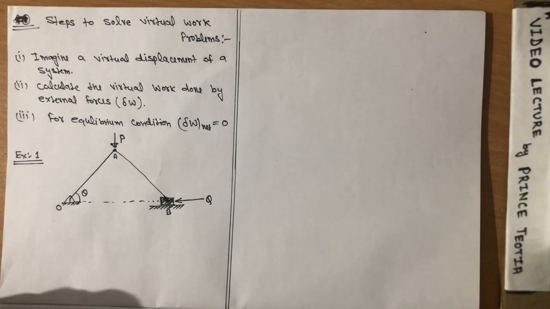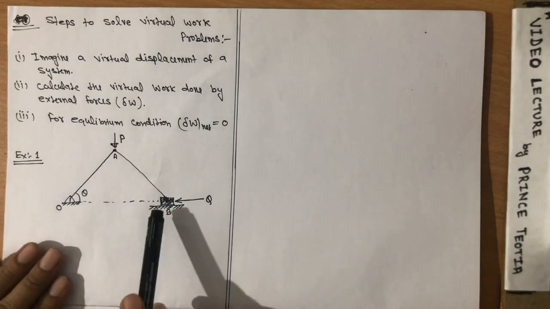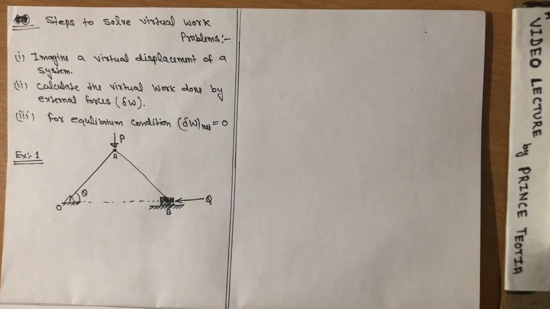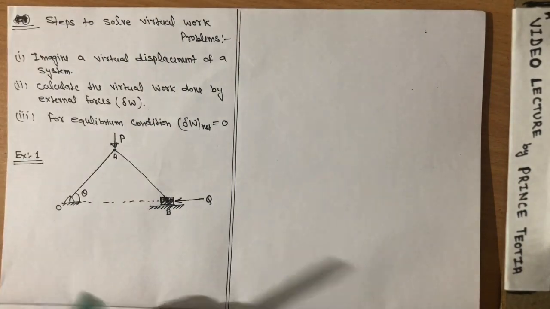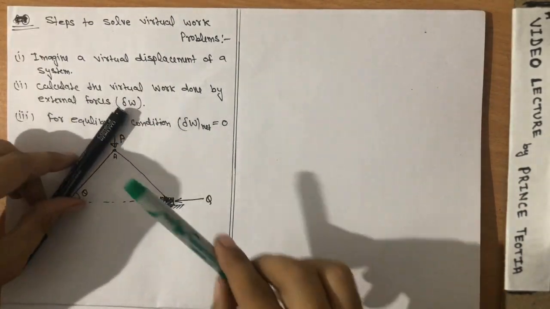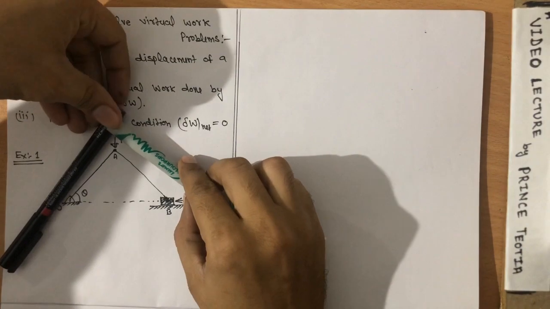So what are the steps to solve a virtual work problem? This is one numerical given. There are two links. Suppose this is one link and this is the second link, and there is a pin joint.